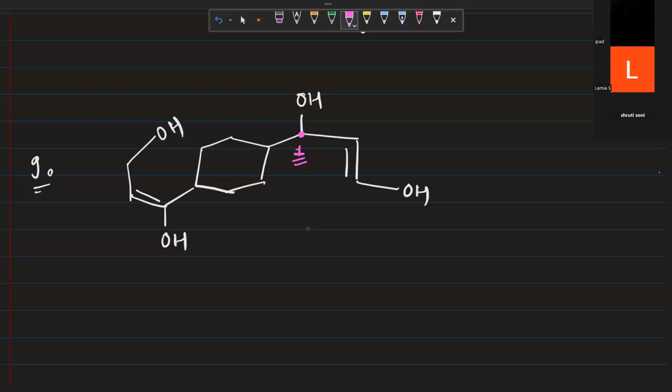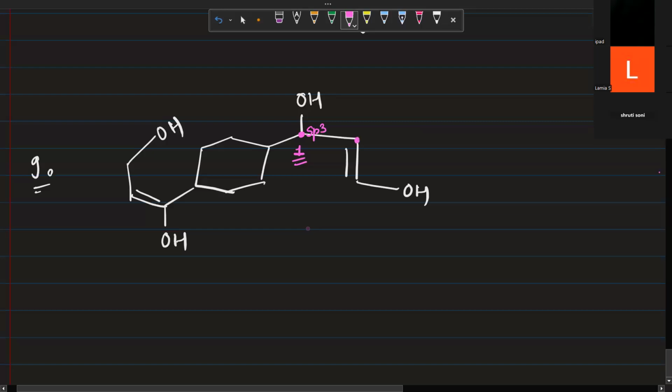Oh, okay. This particular carbon is sp3, right? So this is sp3.